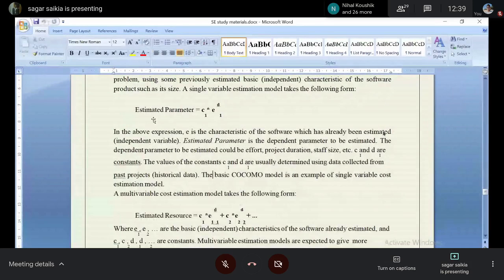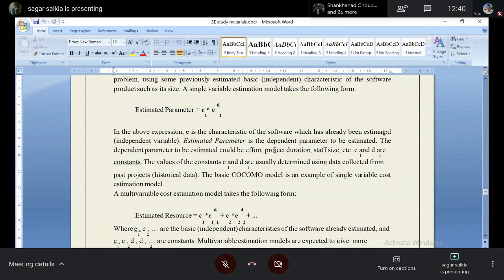Now this equation is for single variable estimation, when we have only one variable, let's say E. If we are finding only effort, then E will be for effort only. If we are finding only the duration, the timeline of the project for completion, then E will correspond to that only.